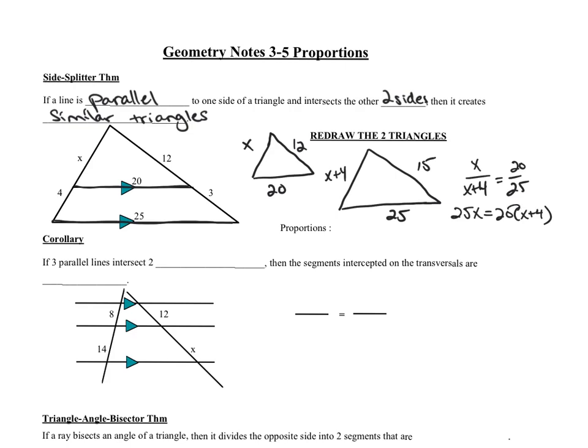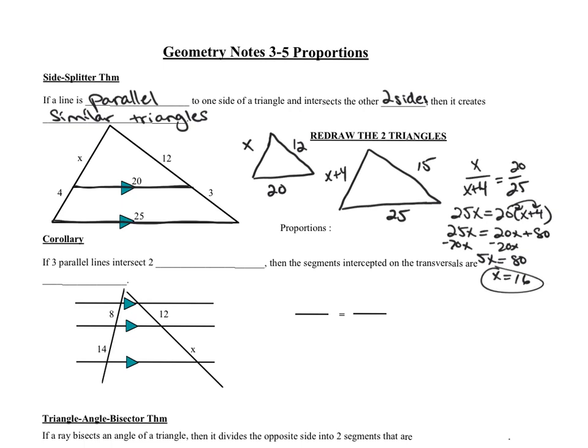We'll distribute the 20 into the parentheses. So 25x equals 20x plus 80. Subtract the 20x from both sides and get 5x equals 80. So x equals 16.